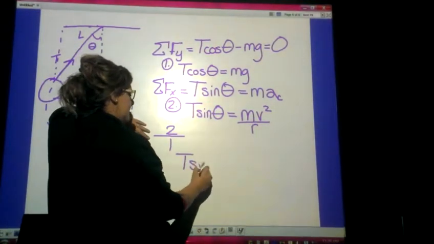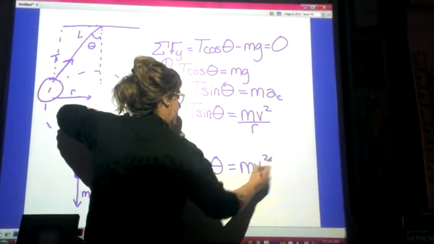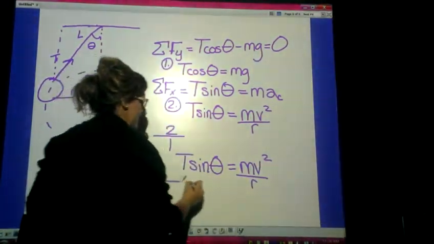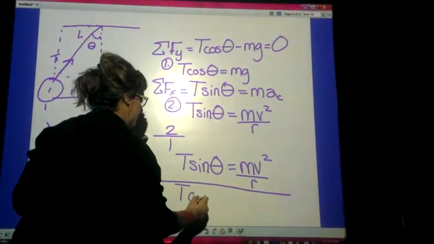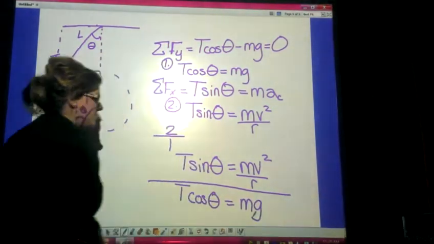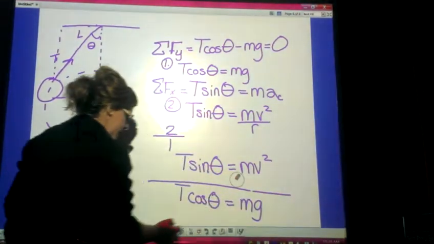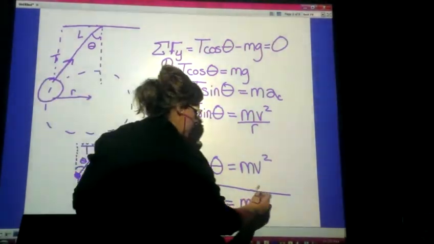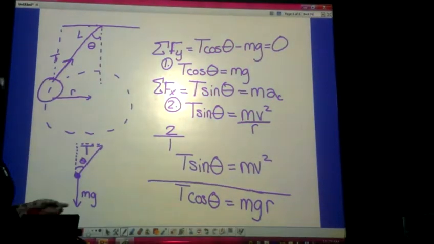So I would have T sine theta equals mv squared over r, and I'm going to divide that by T cosine theta equals m times g. To simplify that, I'm going to take that r and put it under here, because that's the same thing. Let's see what happens.